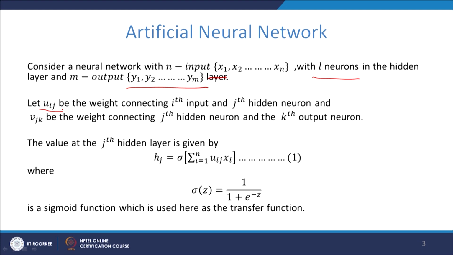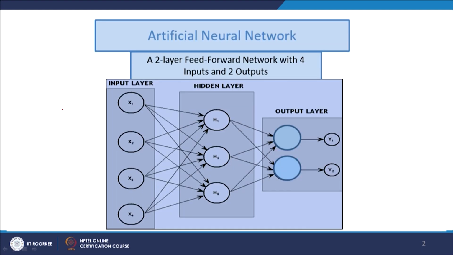In this picture we can see that the first input x1 is connected with the first hidden neuron by the weight, say u11, and with the second hidden neuron the weight is u12, and the fourth input with the first hidden neuron is u41.